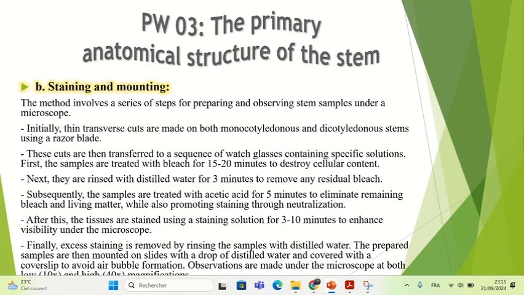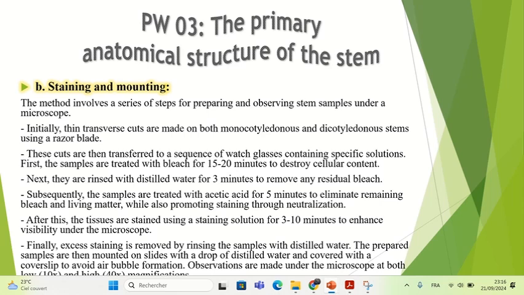B. Staining and mounting. The method involves a series of steps for preparing and observing stem samples under a microscope. Initially, thin transverse cuts are made on both monocotyledonous and dicotyledonous stems using a razor blade. These cuts are then transferred to a sequence of watch glasses containing specific solutions.